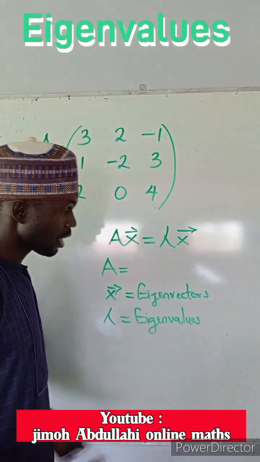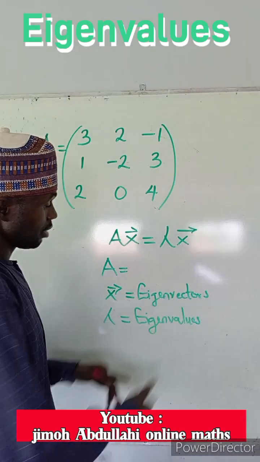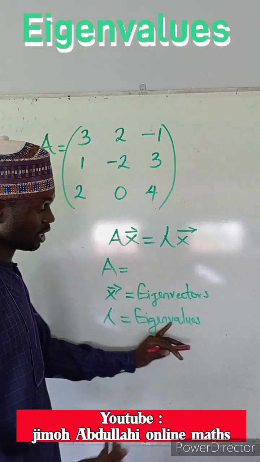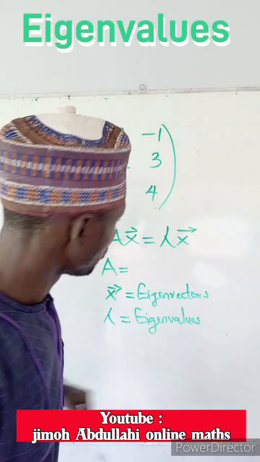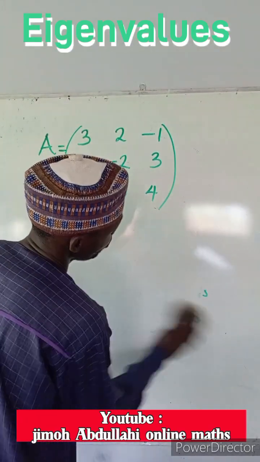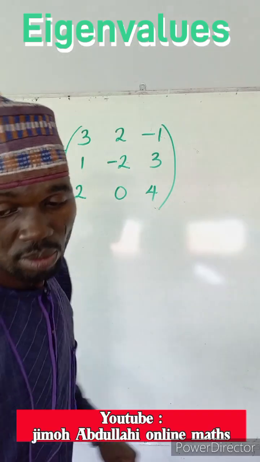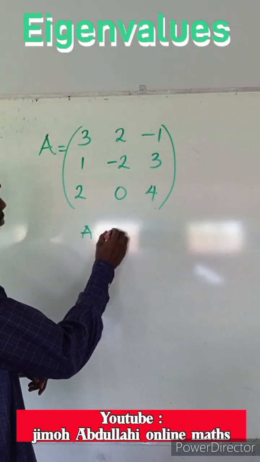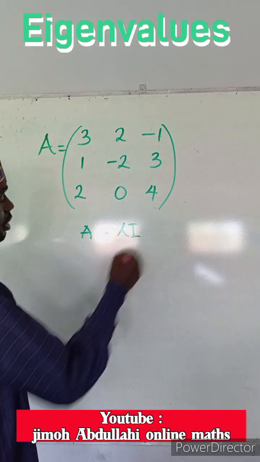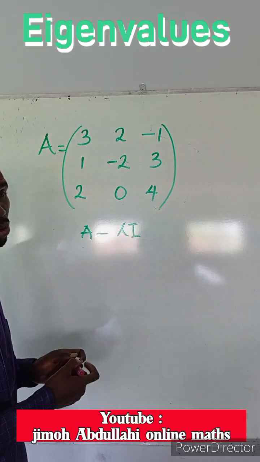Then, how do we now solve this problem to get the values which represent the eigens? So what we are going to do is we are going to use two approaches. The first approach is to notice that you are going to get something like this. That's the first thing you do.